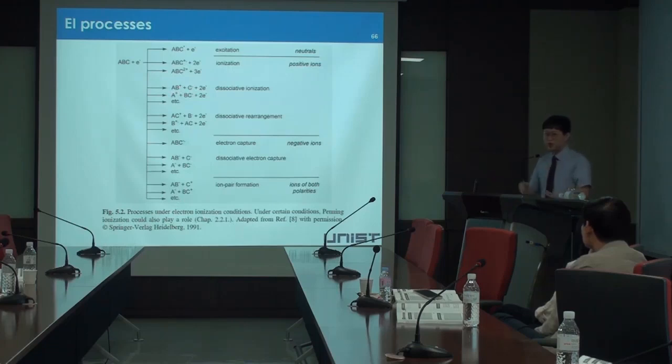There are so many possibilities for electron impact. It means that if there's an apple and we shoot the apple, it becomes fragmented. Sometimes the apple just exists in the same shape. But sometimes the apple can be broken into two parts, or sometimes into very small pieces. So it's like these procedures.